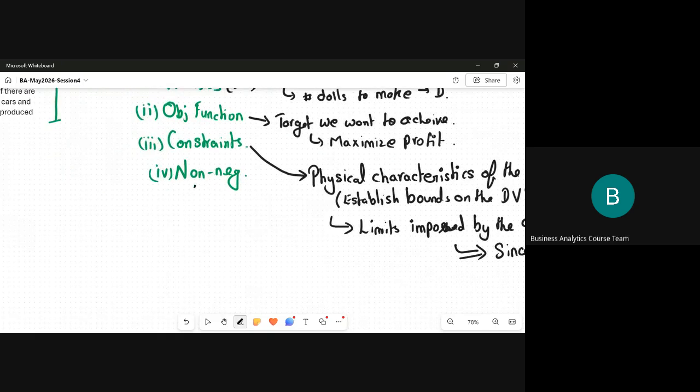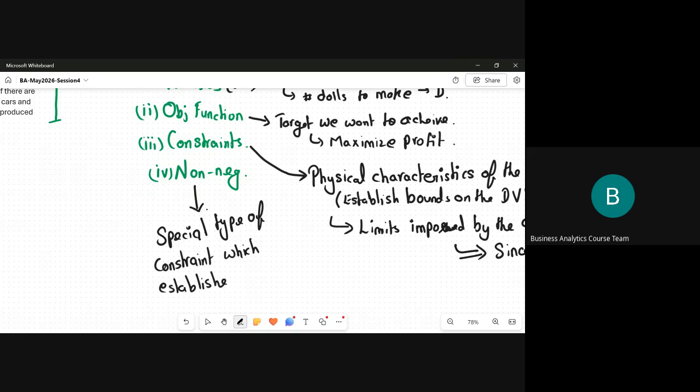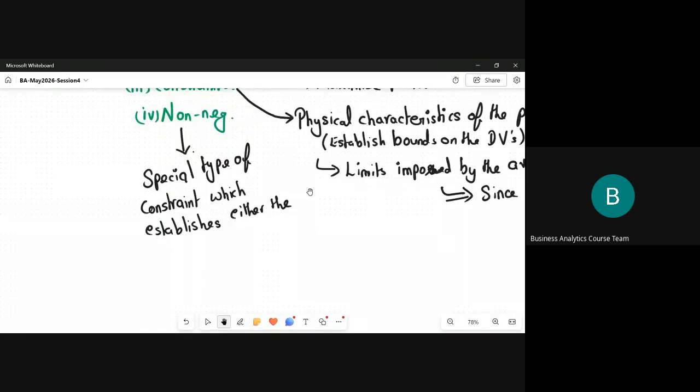Finally, the non-negativity is a special type of constraint which establishes either the upper bound or lower bound for the DVs.